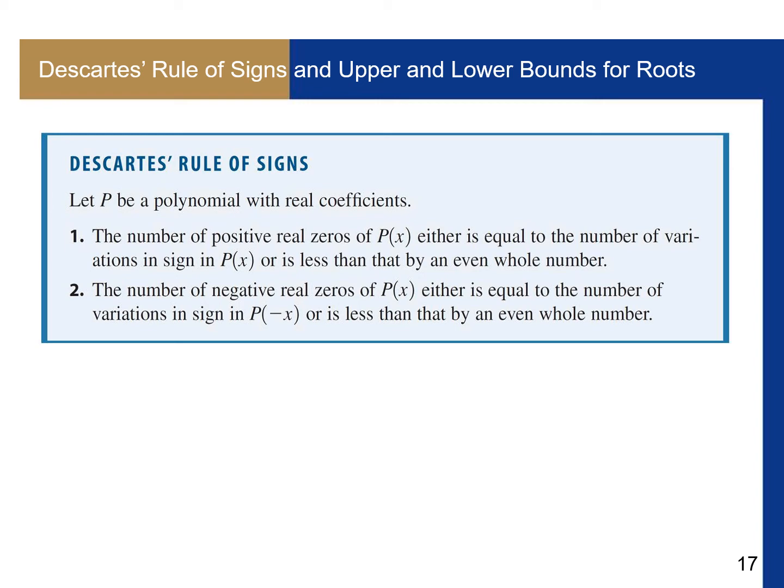Now again, this gives you information to know, and to know something means you have to study it. So if you need to know something, you have to study it. Okay, so the number of positive zeros, which means answers when we get 0 as a remainder, the number of positive real zeros is either equal to the number of variations in sign or less than by an even whole number.